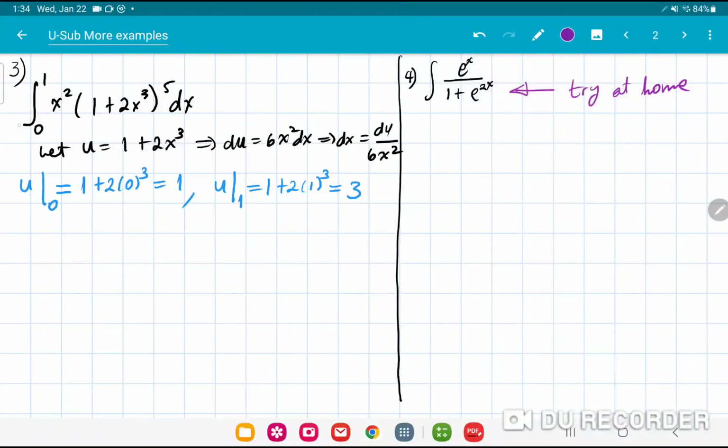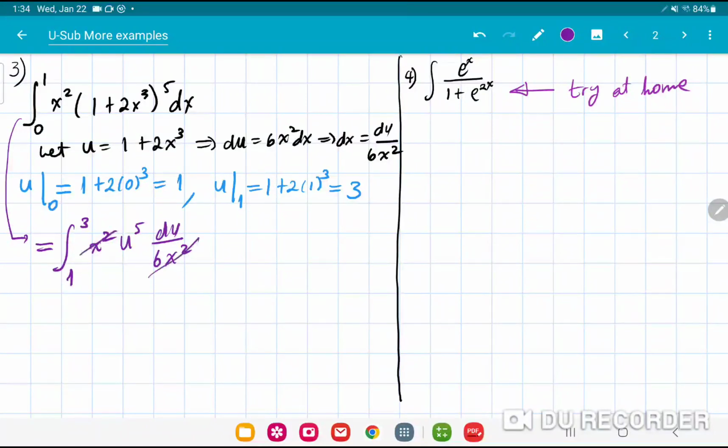So this integral is now the integral from 1 to 3 of x squared times u to the power of 5 times du over 6x squared. Du over 6x squared is the expression for dx.